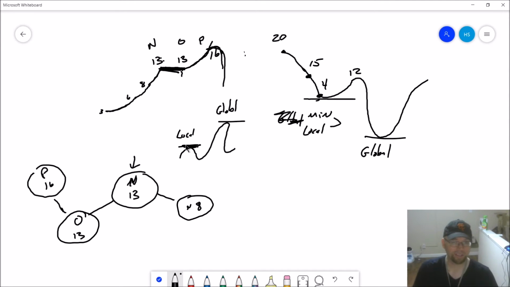Is there a way we can accomplish that? Well, yeah. What I've described so far has just been the steepest ascent hill climbing algorithm, and I pointed out some of its possible flaws.